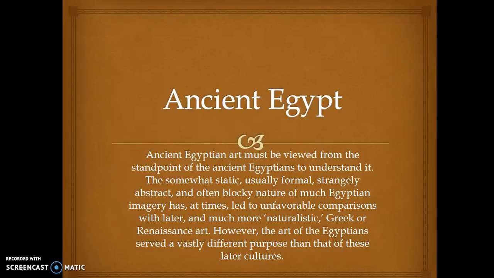I think it's important to note that ancient Egypt is extremely close to the Fertile Crescent, and they're going to share ideas and traits with Mesopotamia, which we just looked at. You can see here that when historians have compared ancient Egyptian art to Greek or Renaissance art, Egyptian art looks very archaic because the Greek and Renaissance art is so naturalistic and almost looks photographic in some instances.